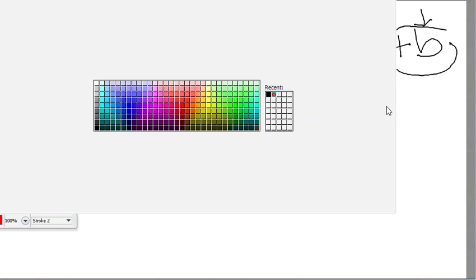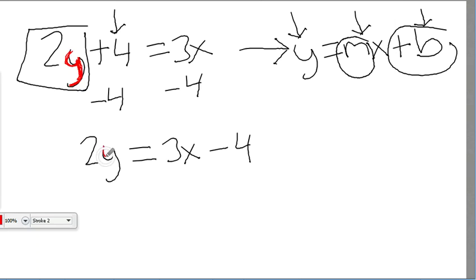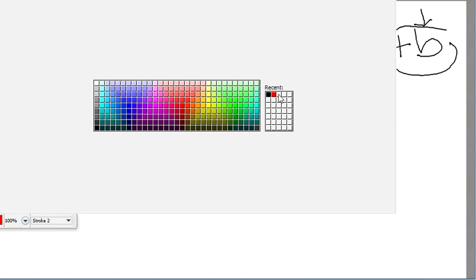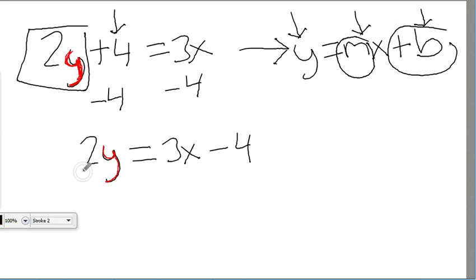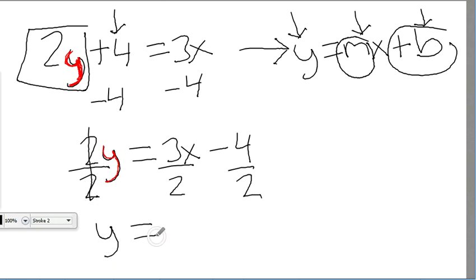Our next step is to get rid of the multiplication of 2. The way that we undo a multiplication is by using a division. If we divide the left side by 2, we have to divide all of the terms on the right side by 2. 2 divided by 2 leaves us with 1y equal to 3 divided by 2 times x.